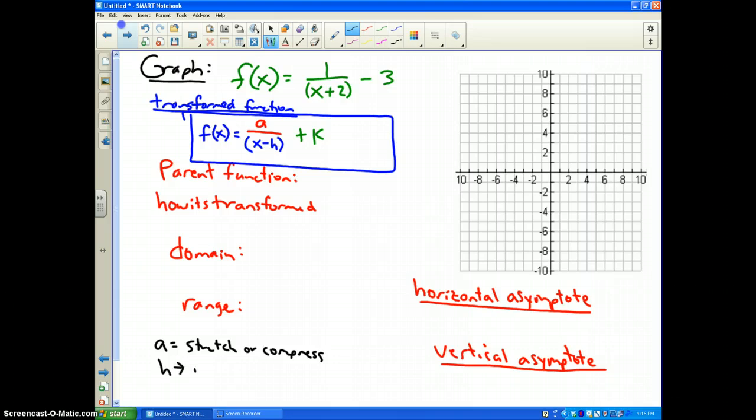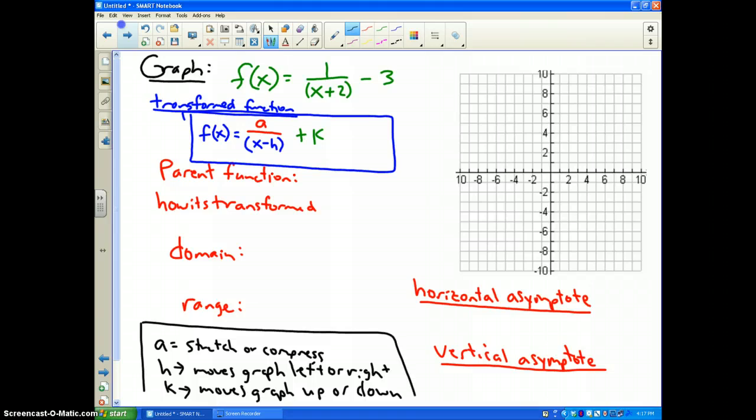H moves the graph left or right. And K moves the graph up or down. Just like everything else we have studied.